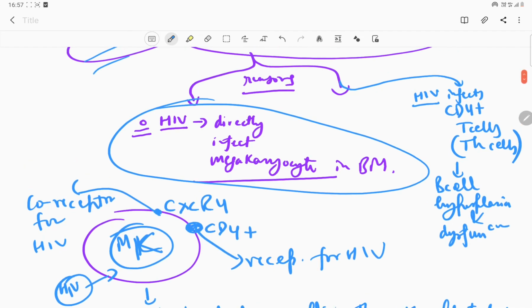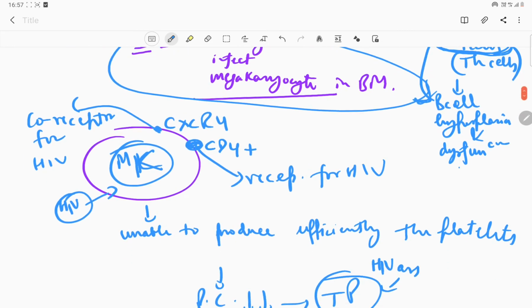It is because we all know that CD4 positive T cells regulate the functions of B cells also. In this way, due to dysfunction of B cells, the autoantibodies are produced.